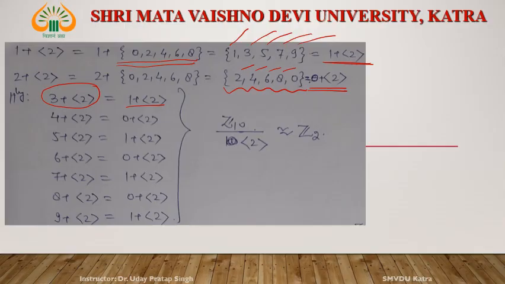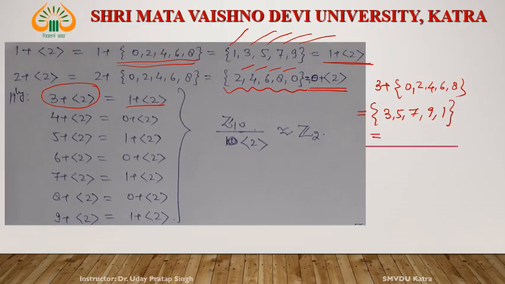Check here. Now 3 plus the subgroup generated by 2, which is 0, 2, 4, 6, 8. This is 3 plus 0 is 3, 3 plus 2 is 5, 3 plus 4 is 7, 3 plus 6 is 9, 3 plus 8 is 11, and 11 modulo 10 is 1. Right?